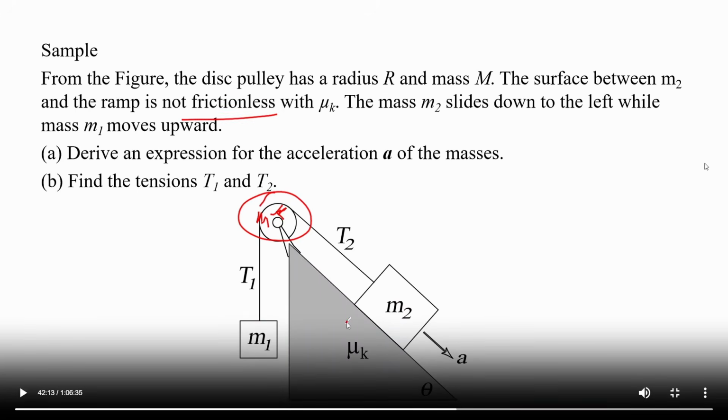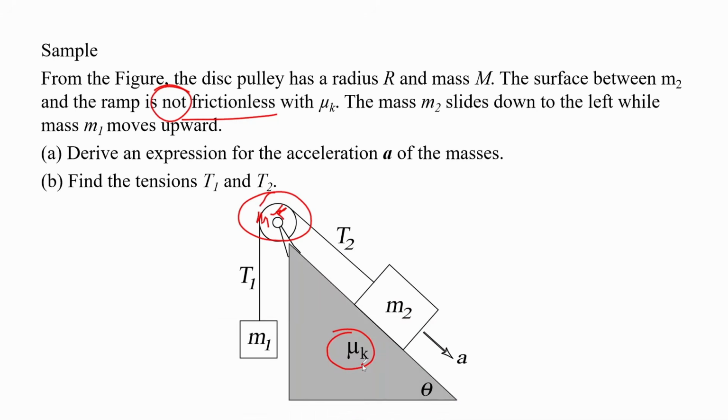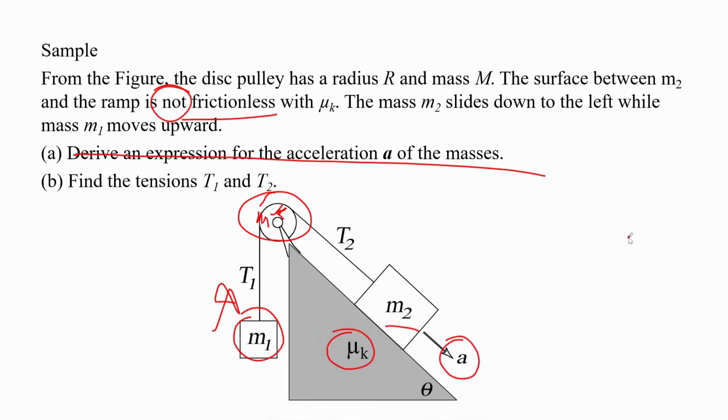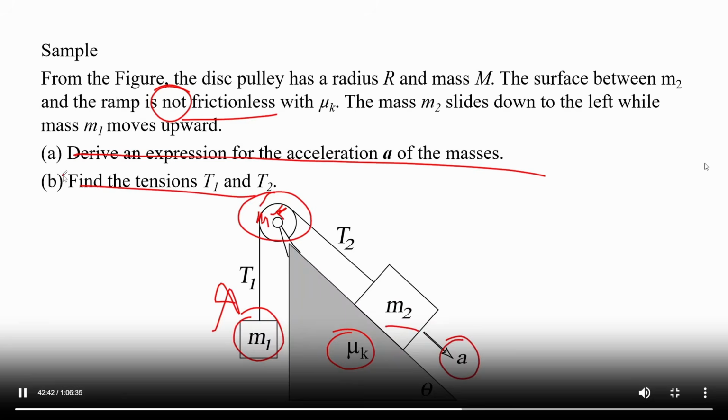So no friction. Actually, it's not frictionless, there is mu k here, the friction related to motion, so there is movement, of course. If the mass M2 slides downward to the left, while the mass M1 moves upward, derive an expression for the acceleration of the masses. Find the tensions T1 and T2.